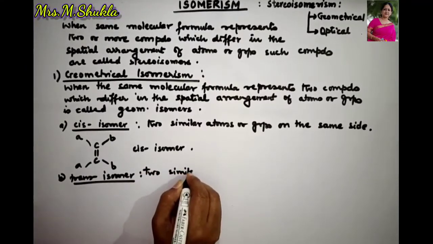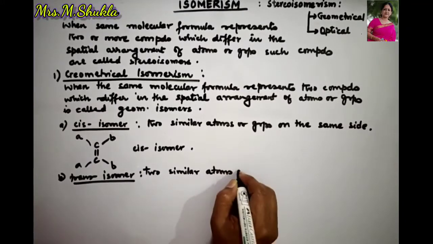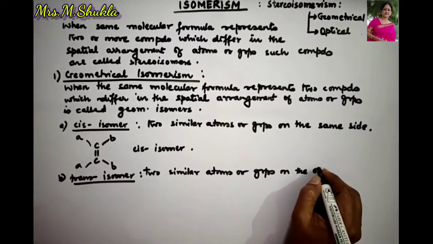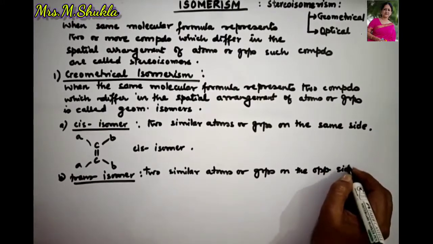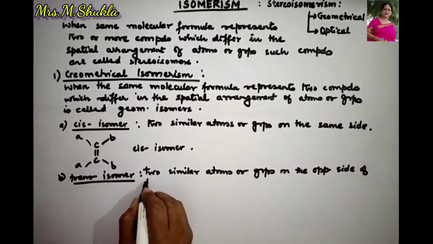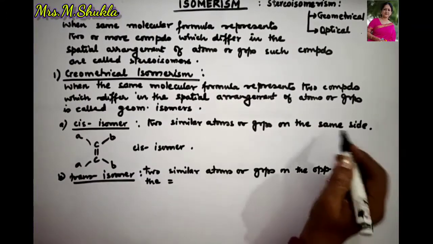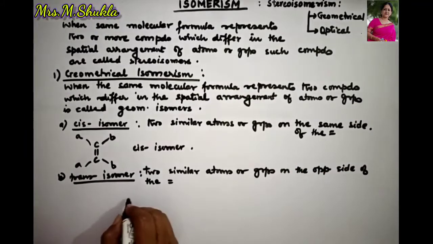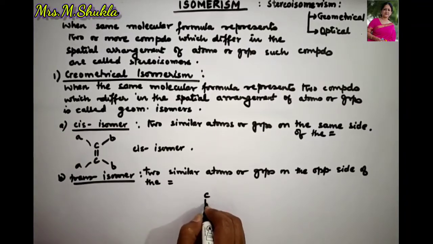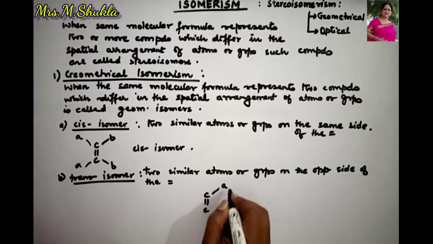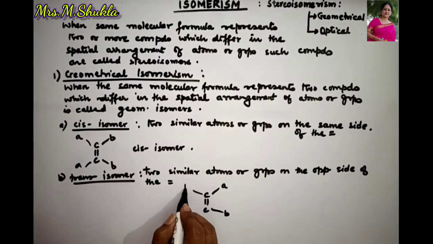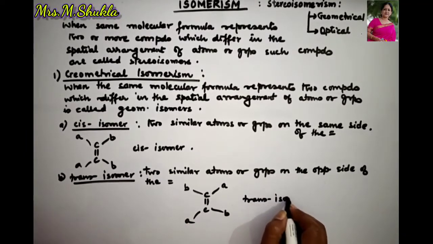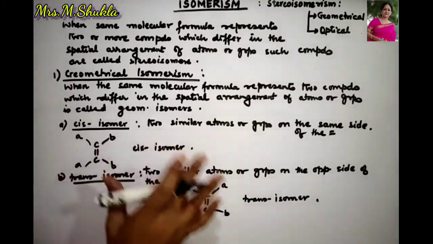So we can draw it like this: carbon, double bond carbon. Okay, if this is A, then this side it will be B. If this side it is B, then this side it will be A. So this is your trans isomer. I hope till here it's very clear.